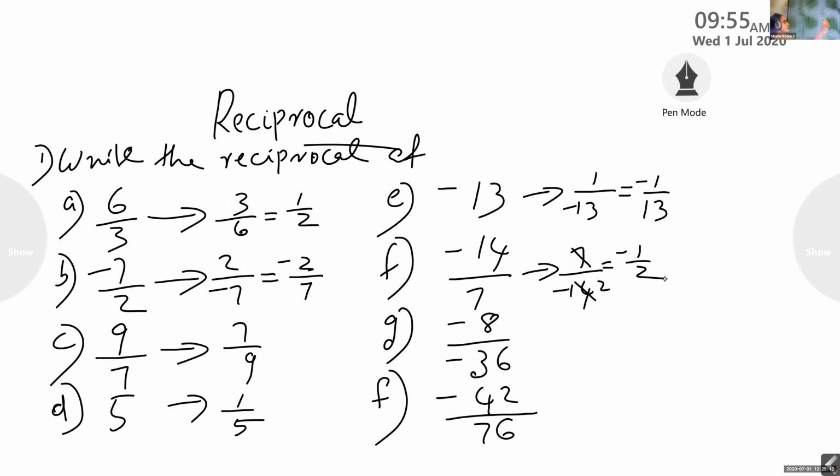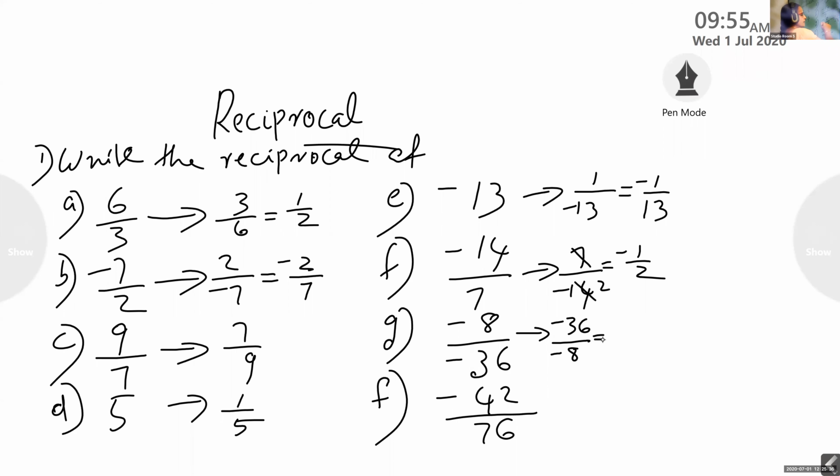Murali, next answer. Negative 36 by negative 8. But Advait, both numerator and denominator have the negative sign. So what can we do?